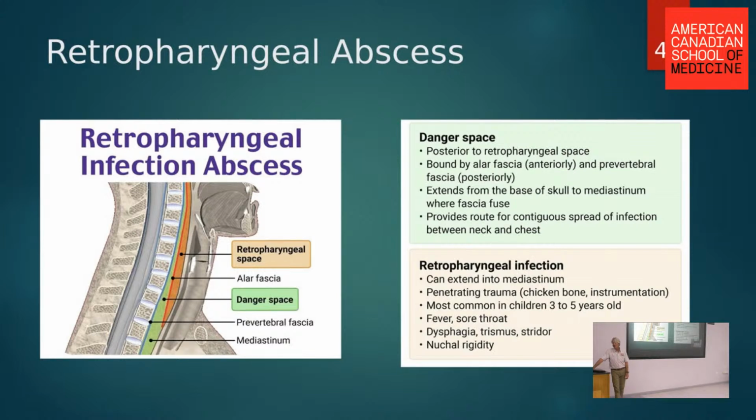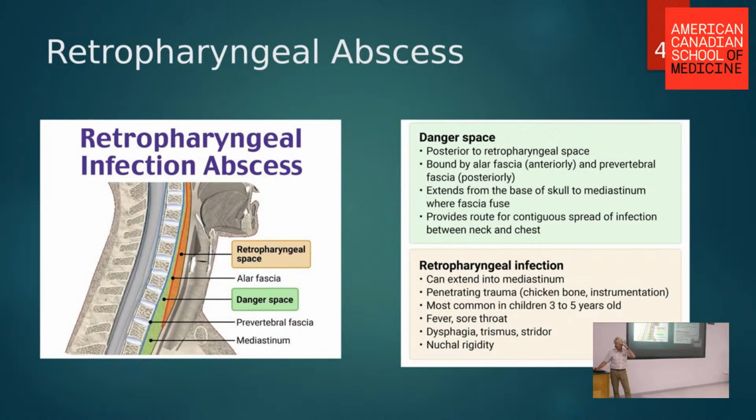The danger space is that green area. The retropharyngeal space is the orange, and the esophagus is anterior to that. Any thickening in those spaces is an area where you can develop an infection, and one of the reasons it's so dangerous is that it can progress to the mediastinum.